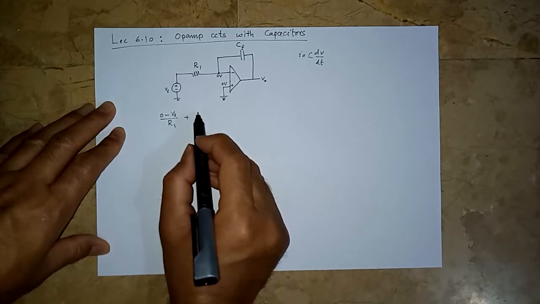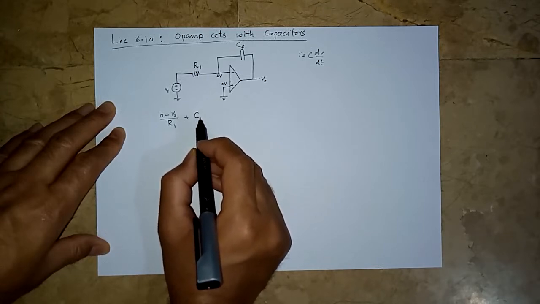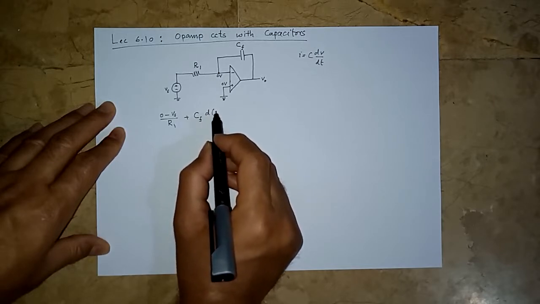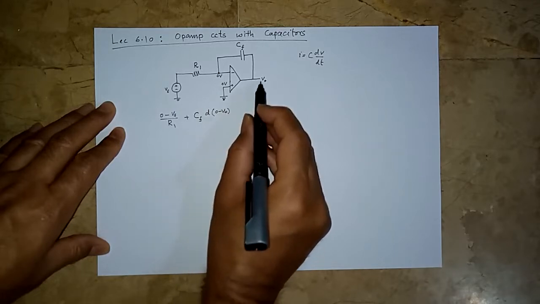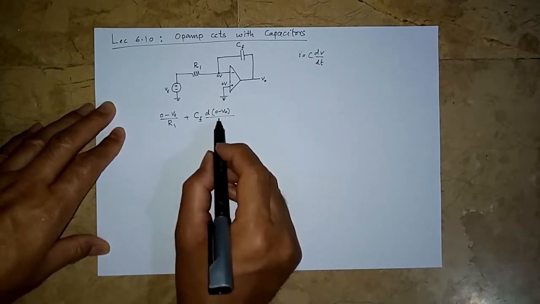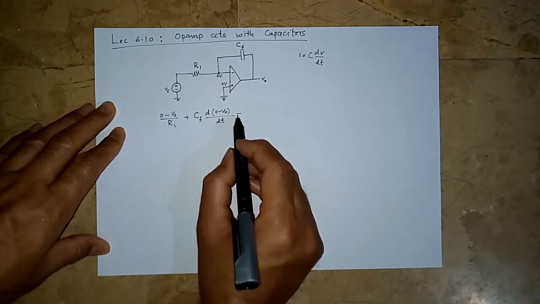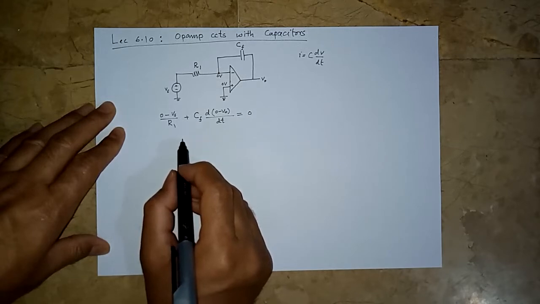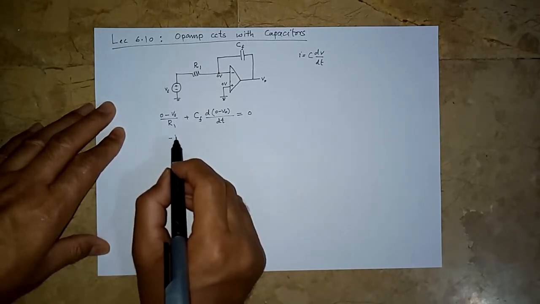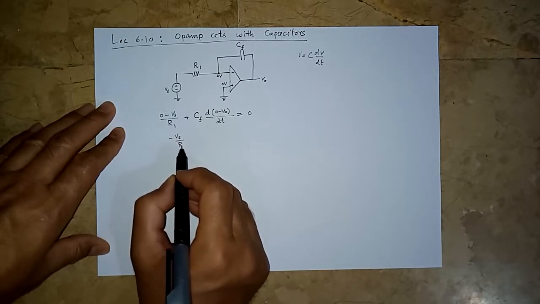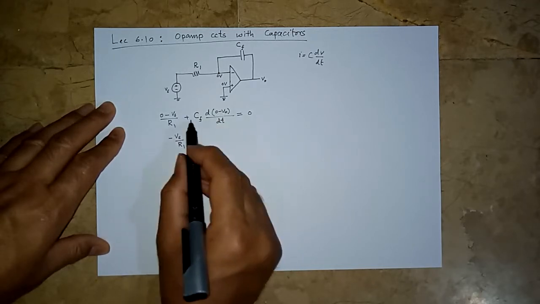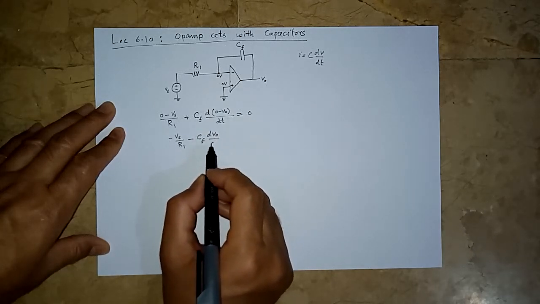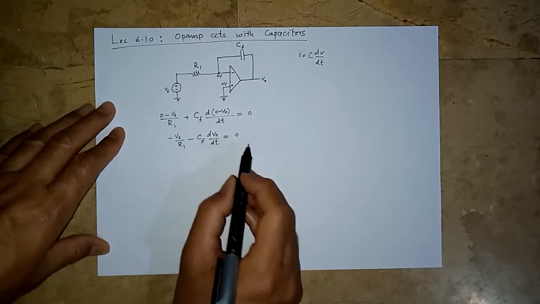So the expression that we are going to get here is CF d(0 minus v naught)/dt is equal to 0. Here v is small because this may be a function of time. So what we get here is minus Vs over R1 plus minus Cf dv naught by dt equal to 0.